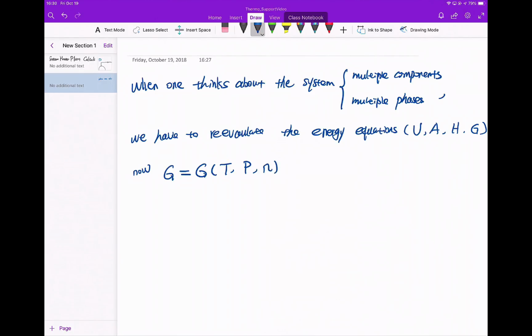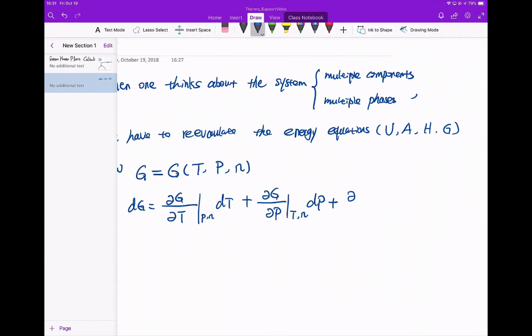So following this discussion, then we would have our interested quantity, which is the full derivative dG. It is the partial derivative of G with respect to T while keeping P and components fixed, dT, plus the partial derivative of G with respect to P while keeping temperature and components fixed, dP, plus dG over dmi.